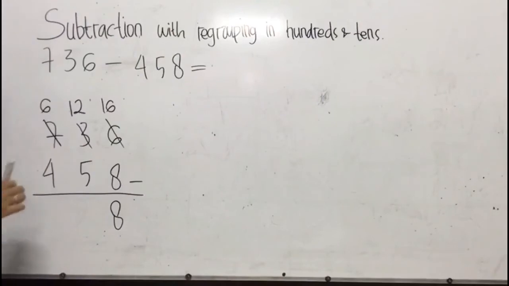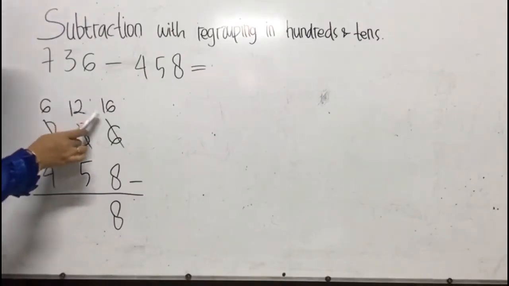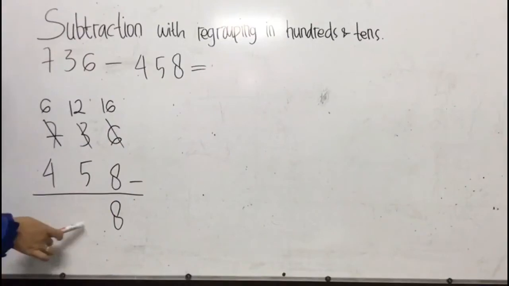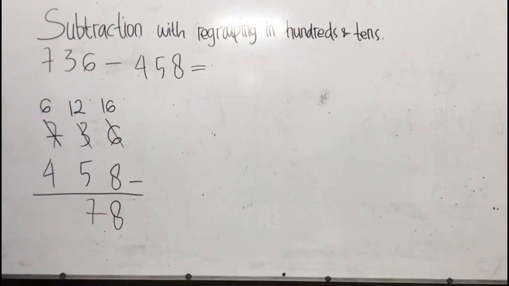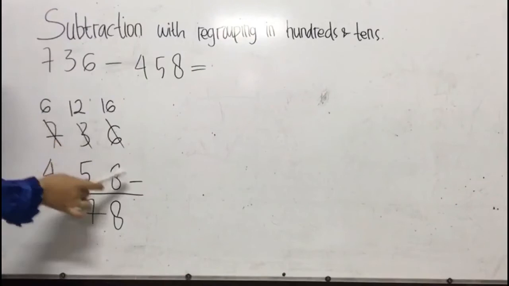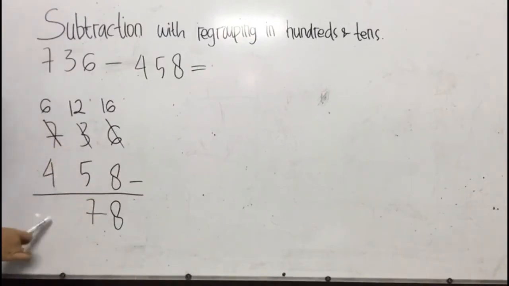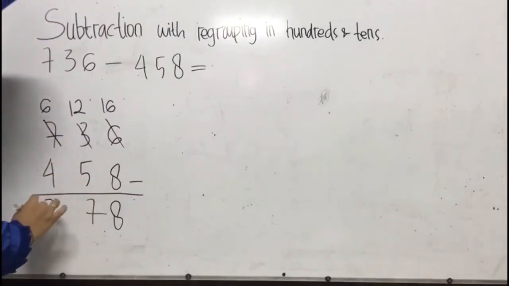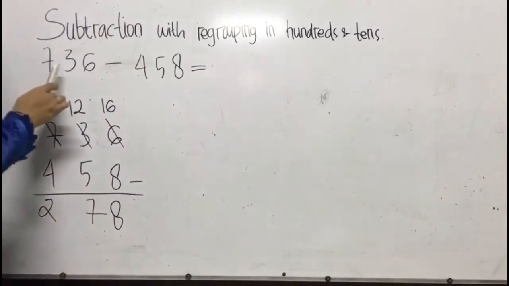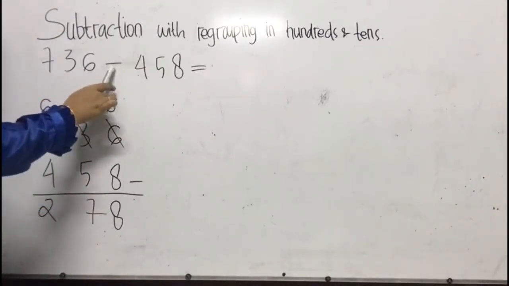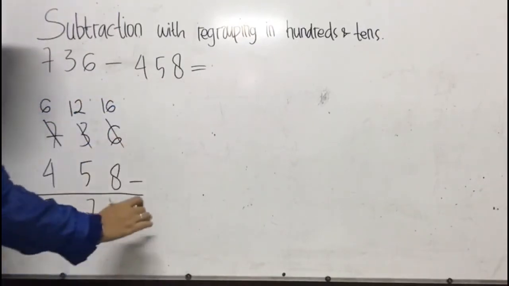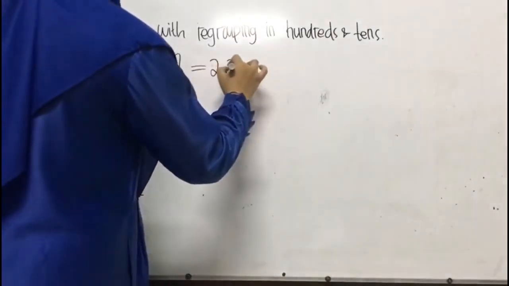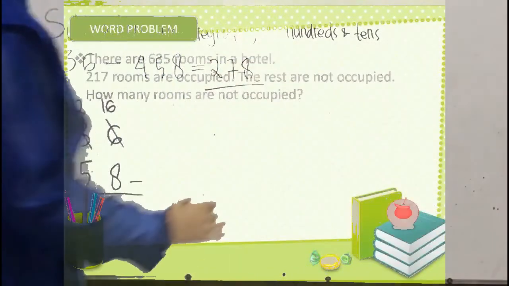Now we can subtract the tens. 12 tens minus 5 tens equals, yes, 7. Lastly, subtract the hundreds. 600s minus 400s equals, yes, 2. So 736 minus 458 equals 278.